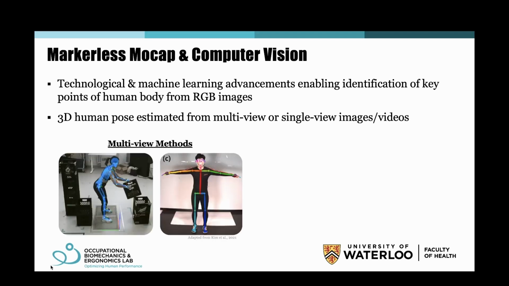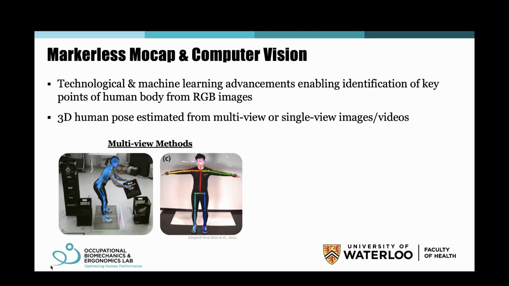Here are a couple quick examples of multi-view or multi-camera methods. On the far left of the screen is Theia Markerless, now rebranded to just Theia. They require at least 6 cameras to see the participant while they're working to reconstruct their pose estimated skeleton on the body.